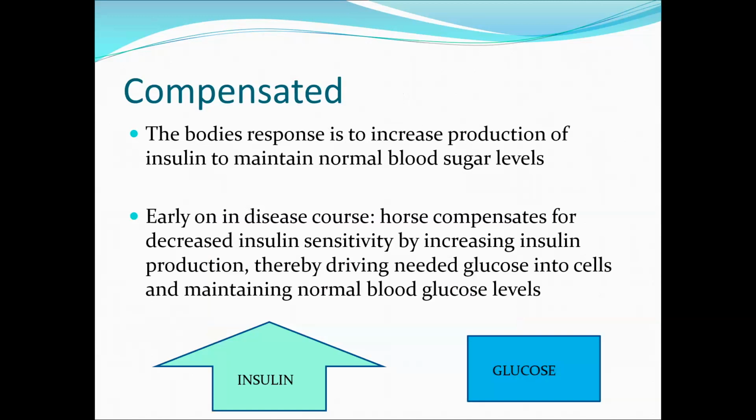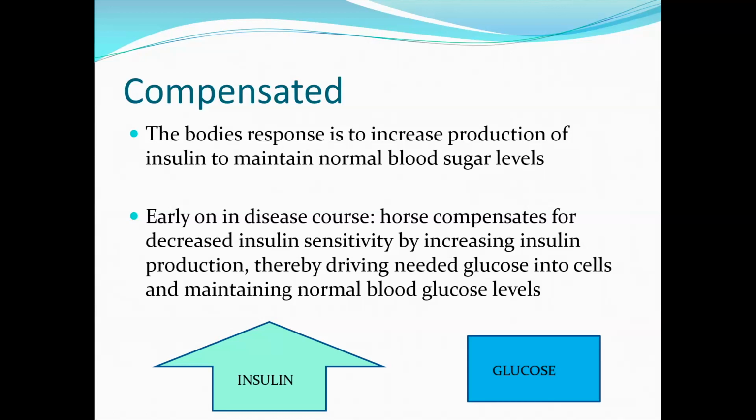All right, that's why humans check their blood sugar regularly. We want that level to be normal. As the insulin starts not working as well, the body says, oh, I have extra glucose, I need to get rid of it. The normal response is to make more insulin. Oh, I must not have enough insulin, I'll make more.